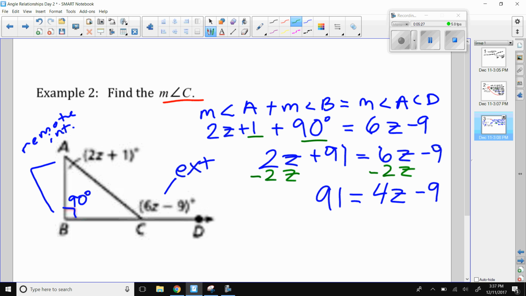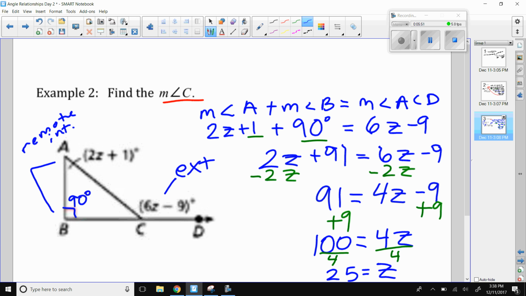I want to add 9 to both sides, which gives me 100 equal to 4z. And now dividing by 4 on both sides, make sure you think of some money. $1 into 4 gives me 4 quarters. 25 equals z.